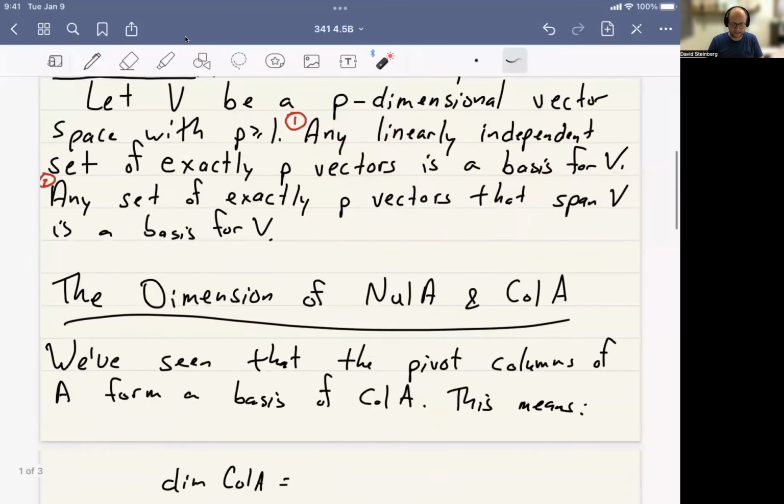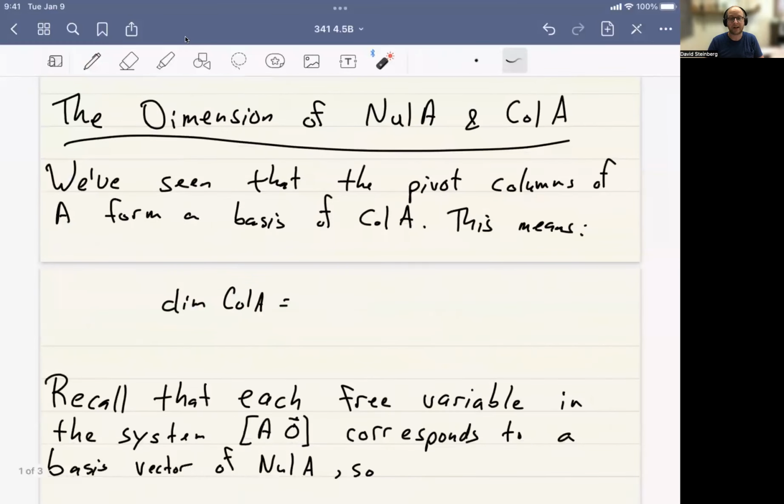Okay, so let's talk about the dimension of the null space and column space of A. We've seen that the pivot columns of A form a basis for the column space of A. So the dimension of the column space is just the number of pivots. Boom, that's not so bad.